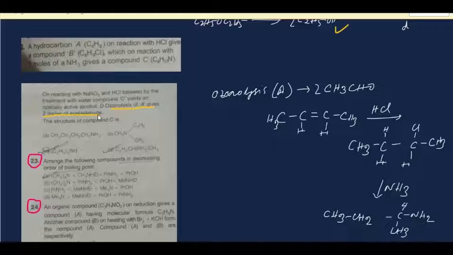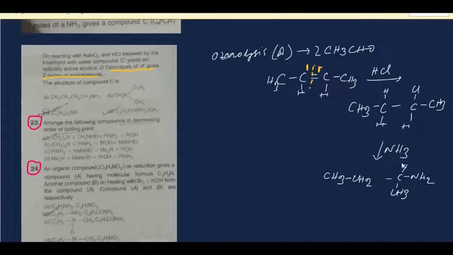We can easily get compound A. How? We know that in ozonolysis we break the double bond, and this way O, and here also O, then 2 acetaldehyde will form, right? So the compound A is this one, 2-butene. Then reacting with HCl it forms these.